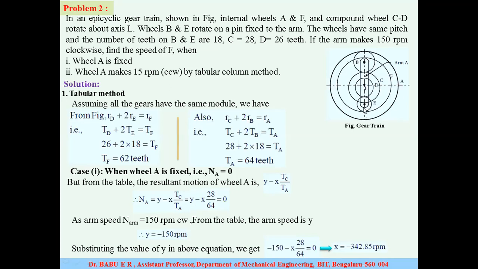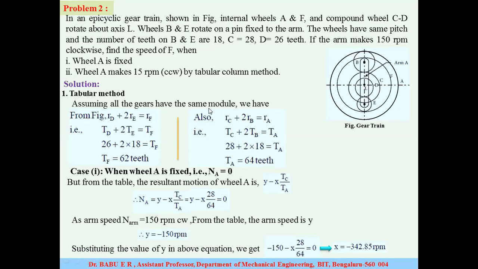So RF is equal to the sum of the distances: RD, plus RE, plus again RE. That is RD plus 2 times RE. That gives the radius of F.